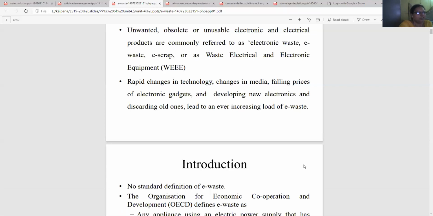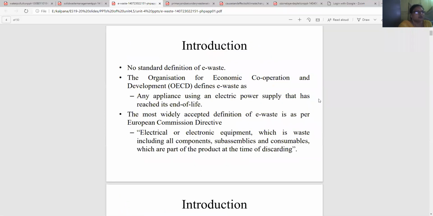Introduction. There is no standard definition of e-waste. The Organization for Economic Cooperation and Development defines e-waste as any appliance using an electric power supply that has reached its end of life. We can find many batteries also, so that also comes under e-waste.